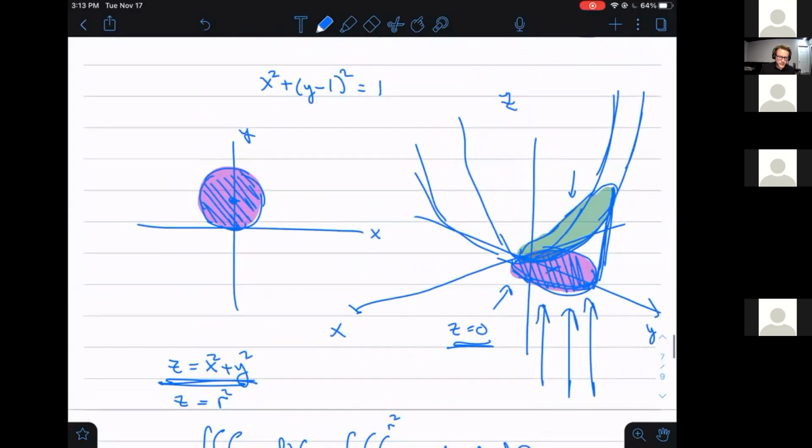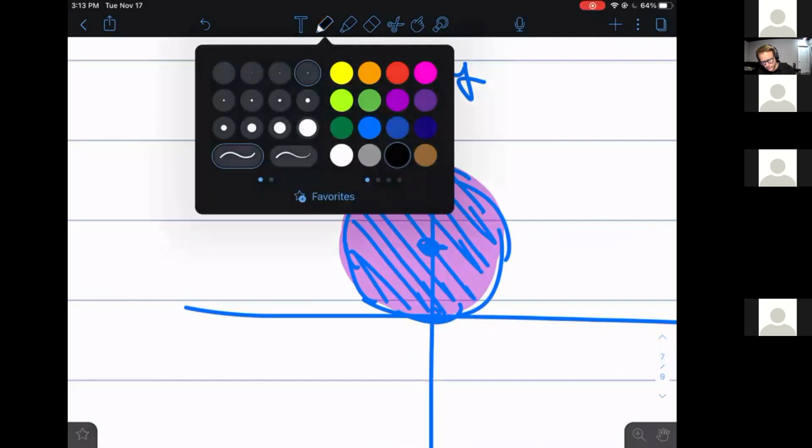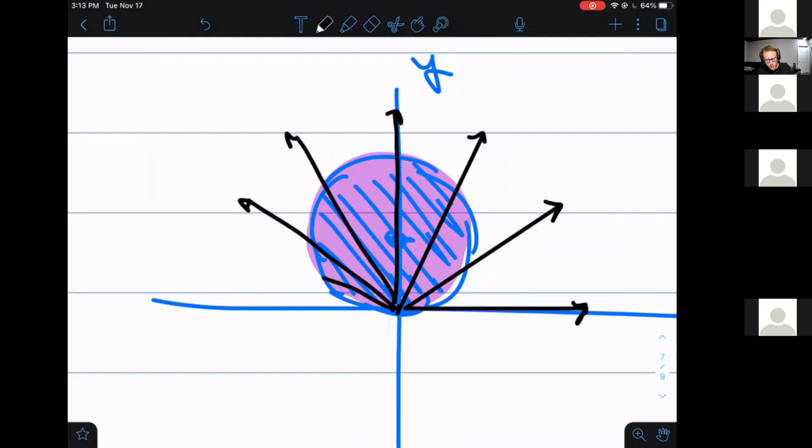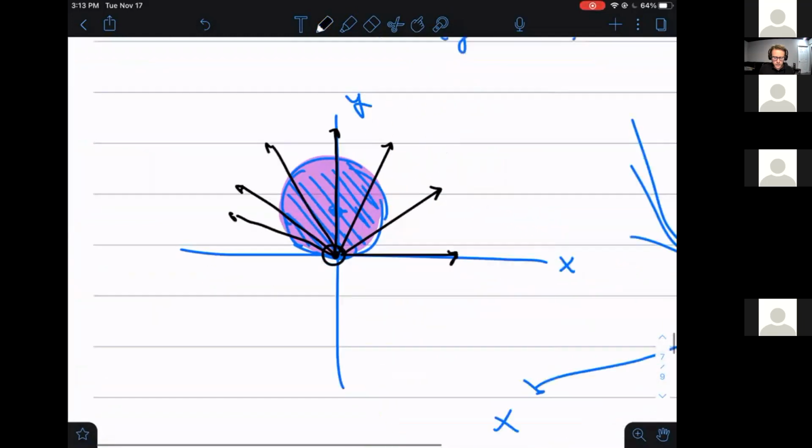As we choose different thetas, maybe starting at theta equals 0, then theta equals pi over 6, pi over 3, pi over 2, and so on, you can see that you always enter this region as soon as you take the tiniest step off of the origin, off of r equals 0. As soon as you do that, you are in the region that you're integrating over.